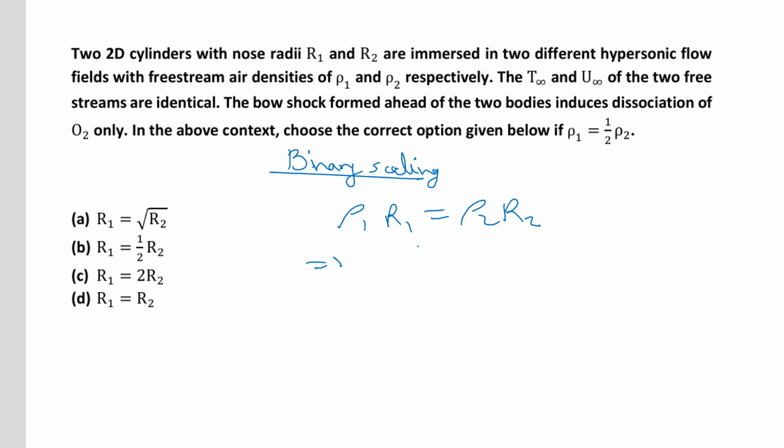From here, R1 equals rho 2 by rho 1 times R2. And rho 2 by rho 1 is nothing but 2. So R1 will be equal to 2 R2. So the correct answer will be option C.